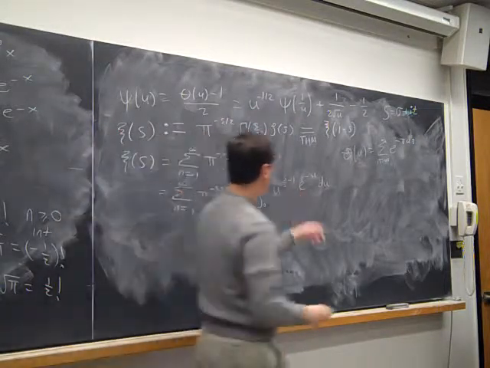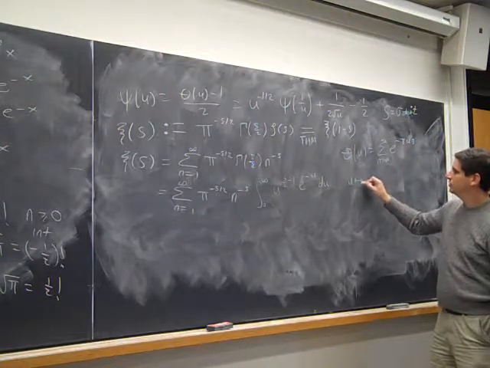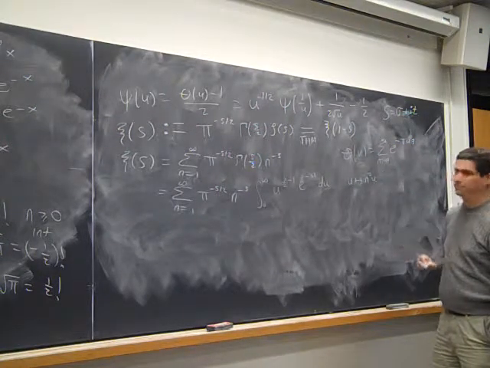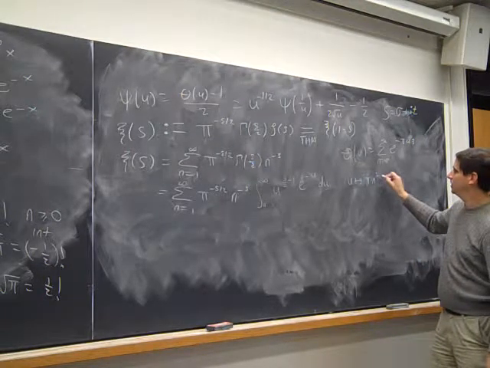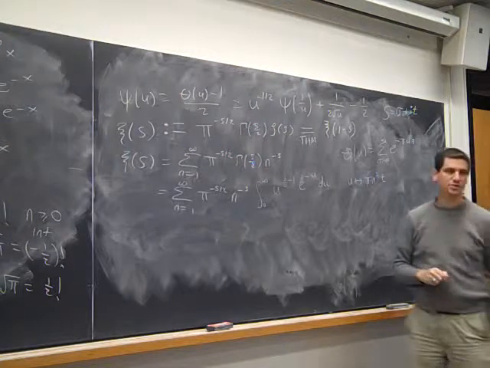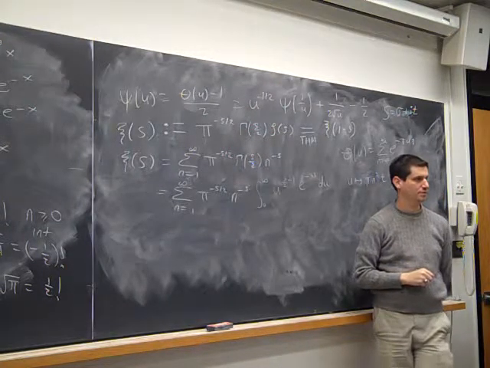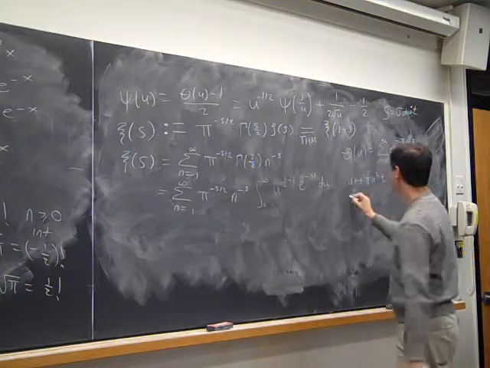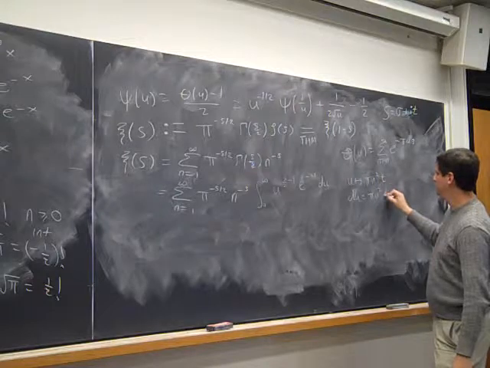I could send u to n squared u, or maybe even pi n squared u. Or if you want, maybe pi n squared t, just so we don't confuse things. If I do a change of variables like this, then du becomes pi n squared dt.